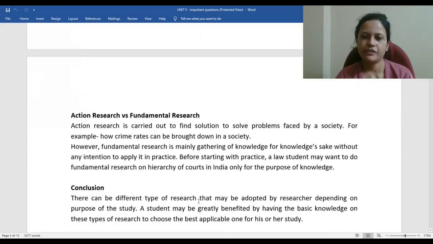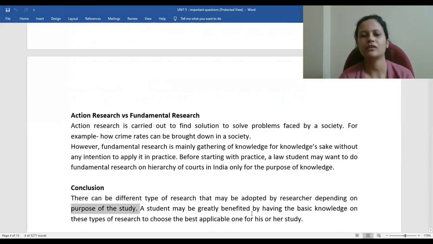So there can be different types of research that may be adopted by the researcher depending on the purpose of study. Why are you doing the study? Is it for the purpose of a degree? Is it for the purpose of your assignment submission? Is it for the purpose of taking some action? Based on your purpose of study, the mode will accordingly be decided.